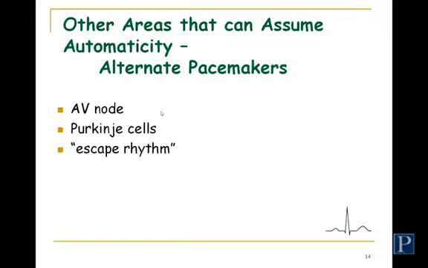But here, it's only anywhere from 20 to 40 beats per minute, and they can't be relied on. They may decide, oh, I'm not going to fire. So if you have something like this, this is really significant. And definitely if you have a ventricular rate of 20 beats per minute, you would not be conscious. I can guarantee it, okay? But we will talk about that when we talk about an abnormal EKG.